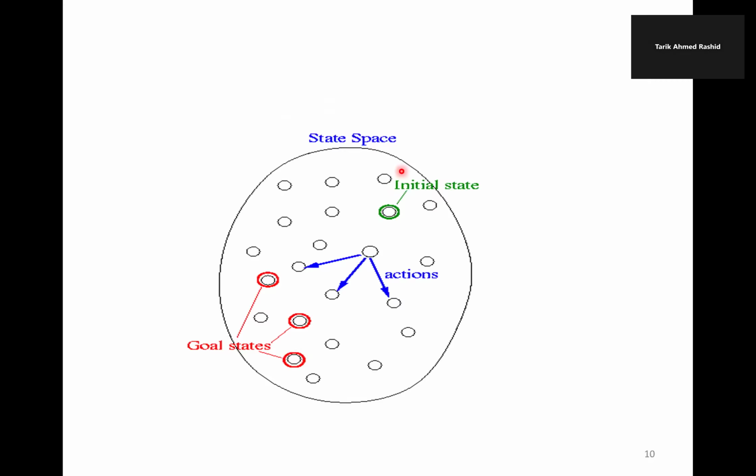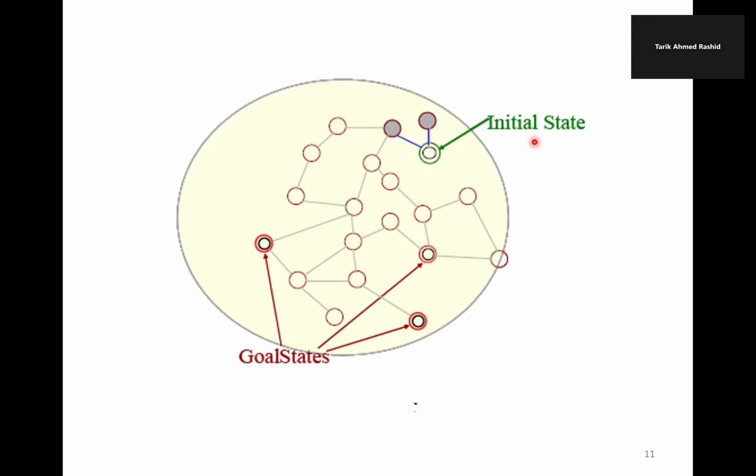Here, in the state space, you might have these nodes. The states can be represented by nodes: initial states, goal states, and then there are actions to take to arrive at the goal states. So from the initial states, you can start from either this branch or that branch, and then move to this branch or that branch until you arrive at one of the goal states.